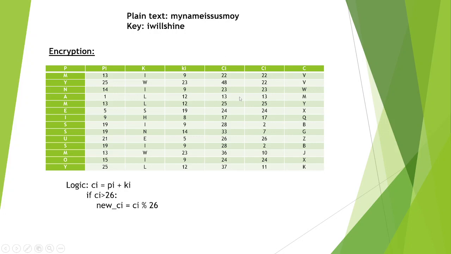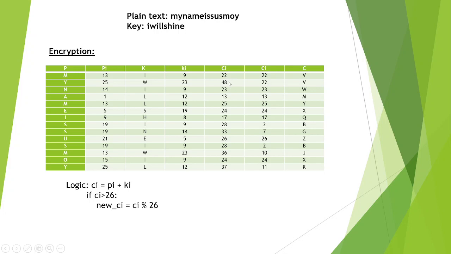So how can we do this? For this, here you can see the logic. If Ci is greater than 26, that means this Ci value is greater than 26. So 48 is greater than 26, so the condition will be true. Then we need to compute the new Ci. New Ci means Ci modulus 26. That means we need to find the modulus of 48 modulus 26.